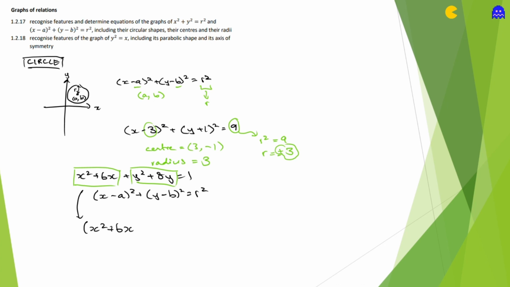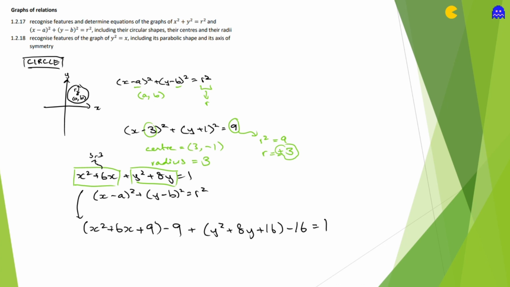And that means our two numbers are 3 and 3, the same number. 3 times 3 is 9, and so this is our perfect square. Because we've added 9, we need to subtract 9, and for our y squared component, we similarly do 8 divided by 2 is 4, so plus 8y, and then 4 times 4 is 16, minus 16 equals 1. And so we have completed the square for both of these components.